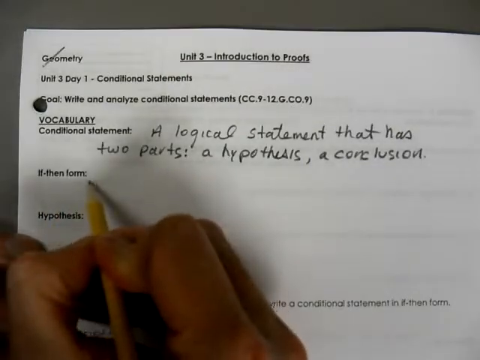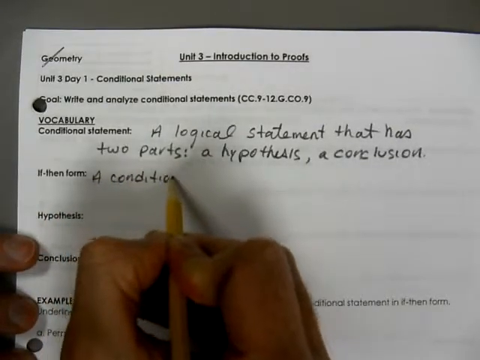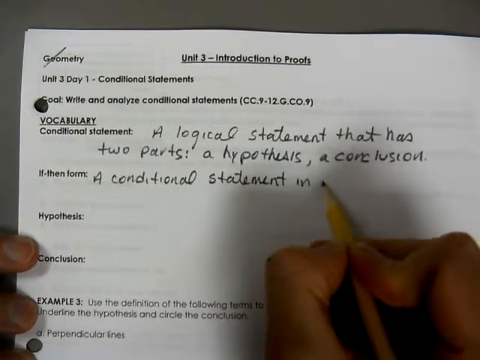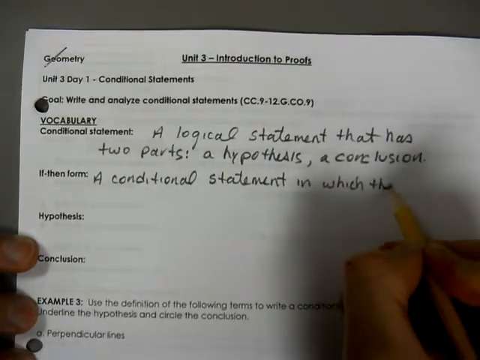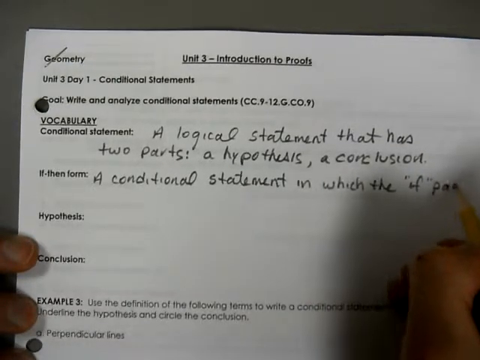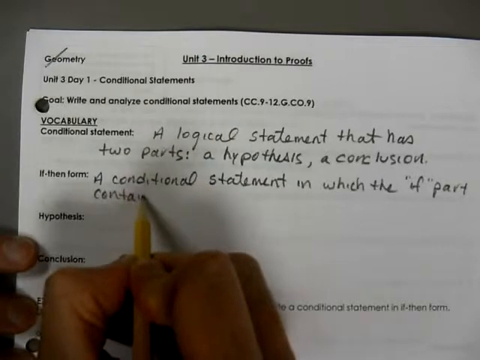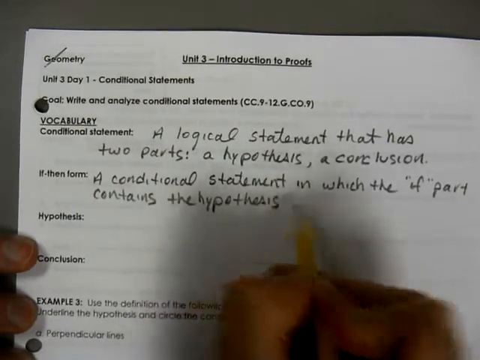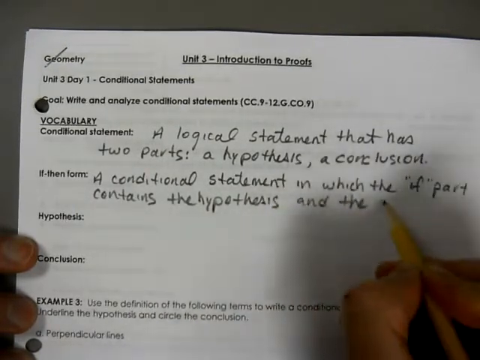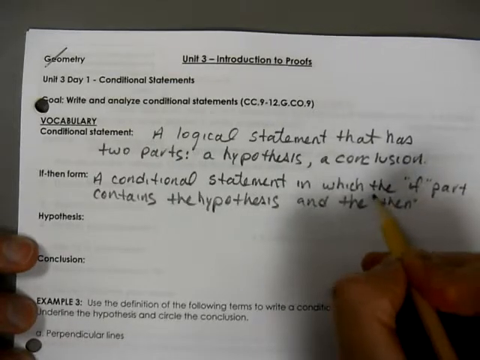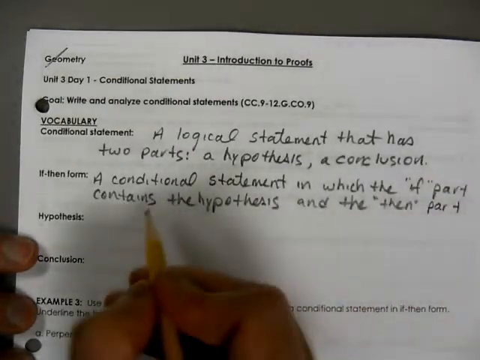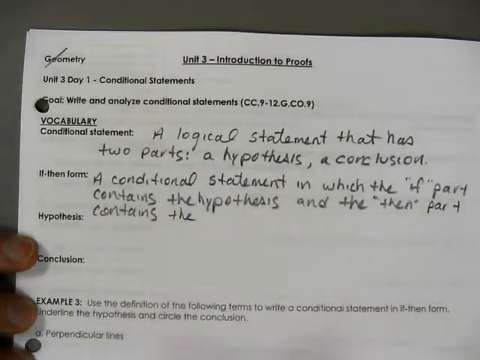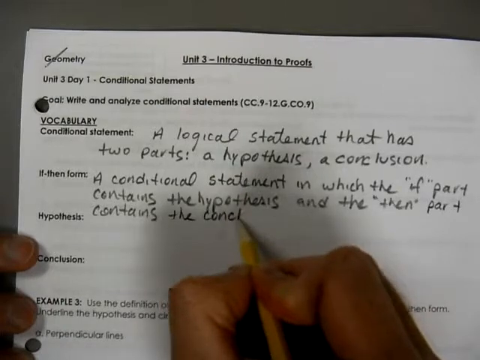So an if-then statement is a conditional statement in which the if part contains the hypothesis and the second part, called the then part, contains, what do you think? The conclusion.